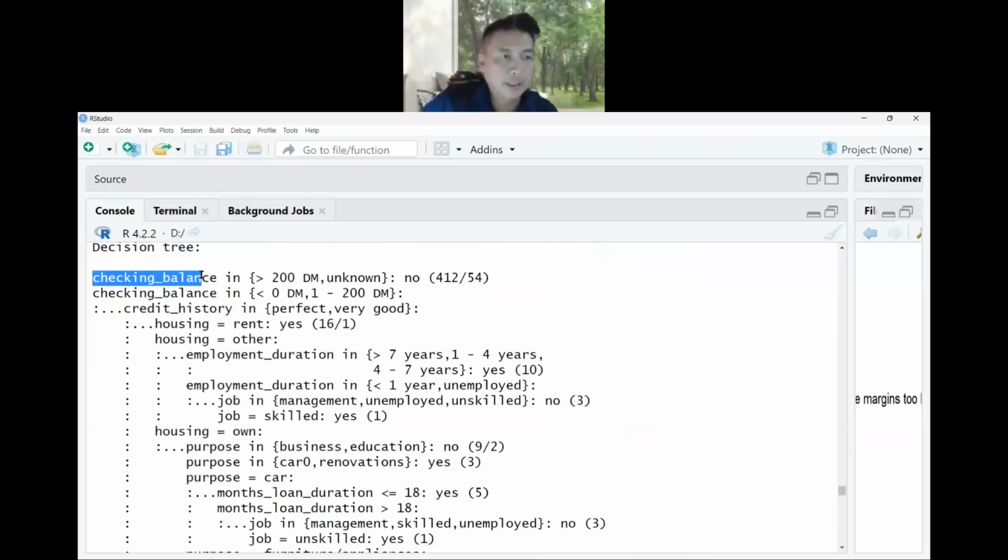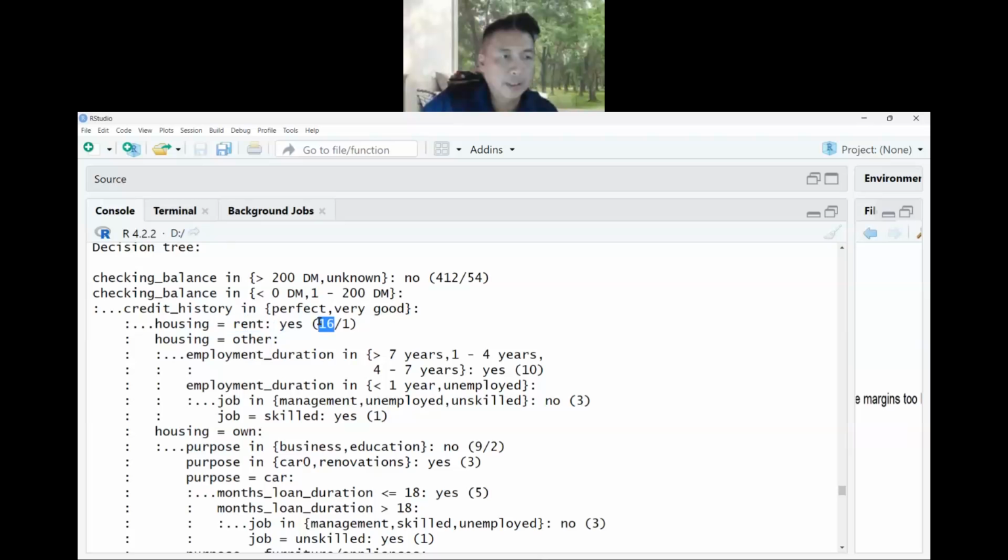If we say this one, the checking balance is greater than 200 or unknown, then you are not likely to default. But if your checking balance is less than 0, between this, and your credit history is perfect or very good, and your housing is renting, then your account is highly likely to default.